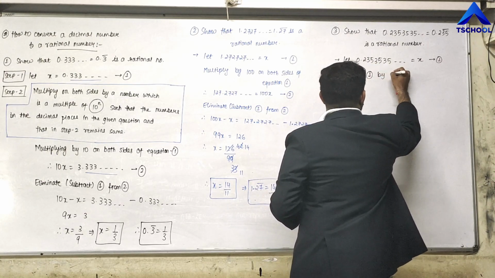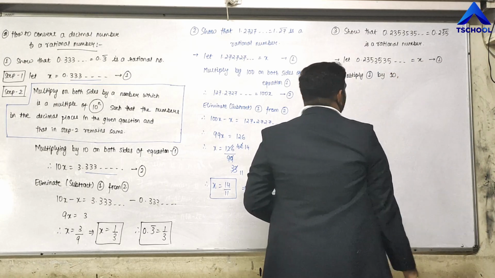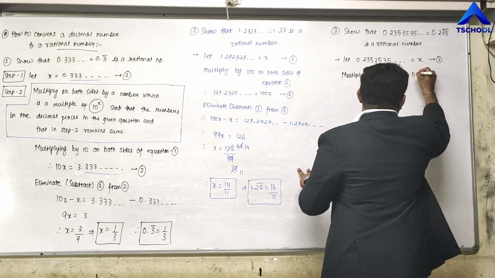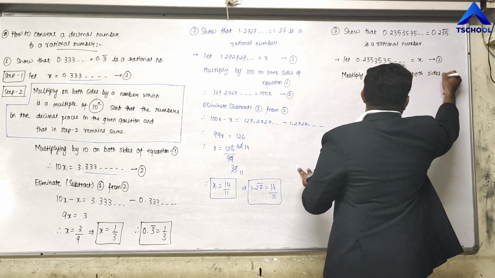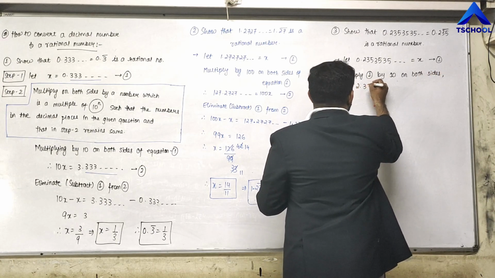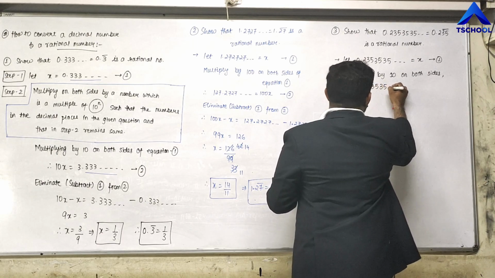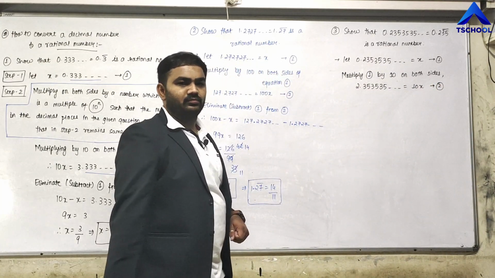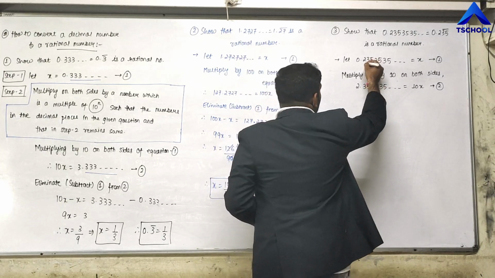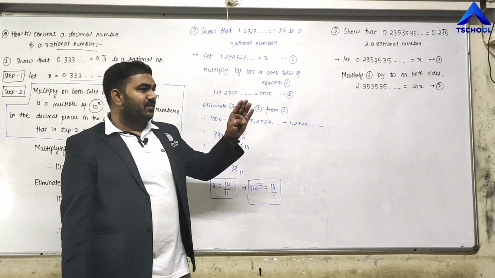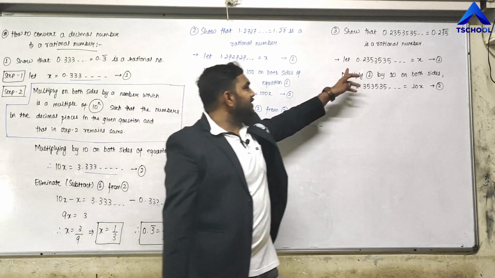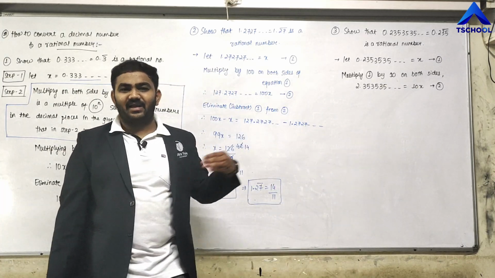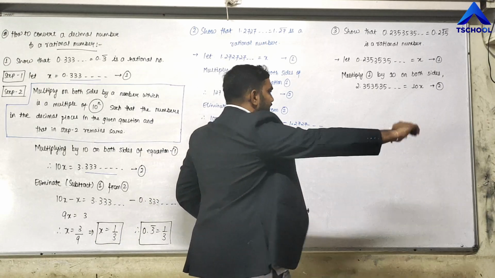So first multiply equation 1 by 10. Multiplying equation number 1 by 10 on both sides, what we get is 2.35 bar equals 10x, that is equation number 2. And now we shall multiply by 1000, that is 10 raised to 3, because once I multiply it by 1000, the decimal point will be shifted 3 places to the right, and hence we get the decimal part after the point as 3535.